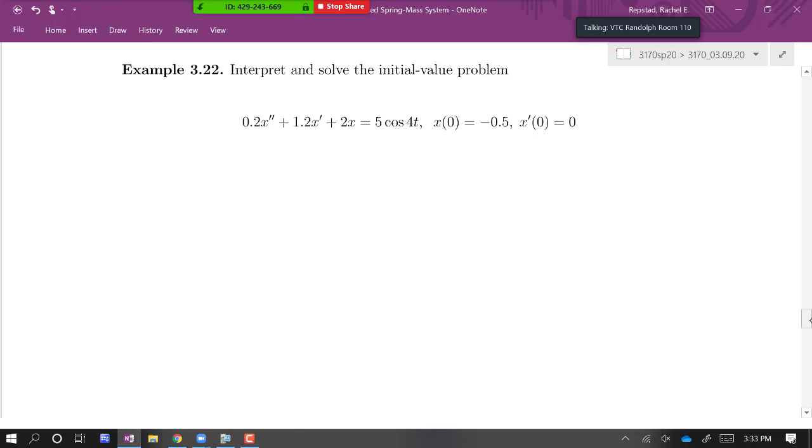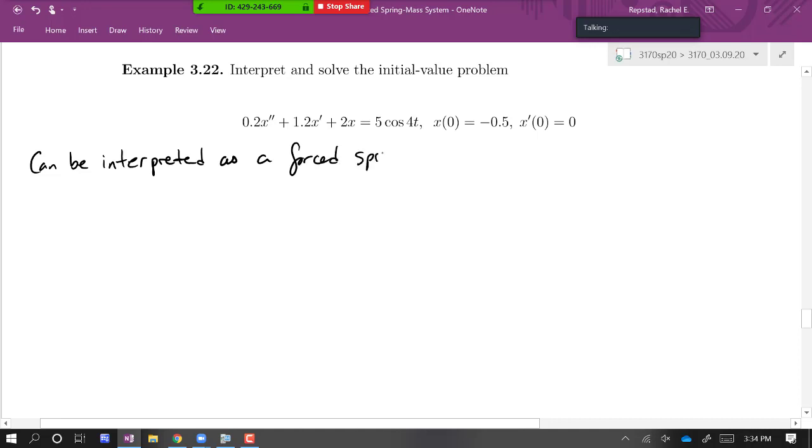They haven't given us a context, but in this section, if I wanted to interpret this in terms of a spring mass system, we could say it could be interpreted as a forced spring mass system. I know it's forced because there's a forcing function there.